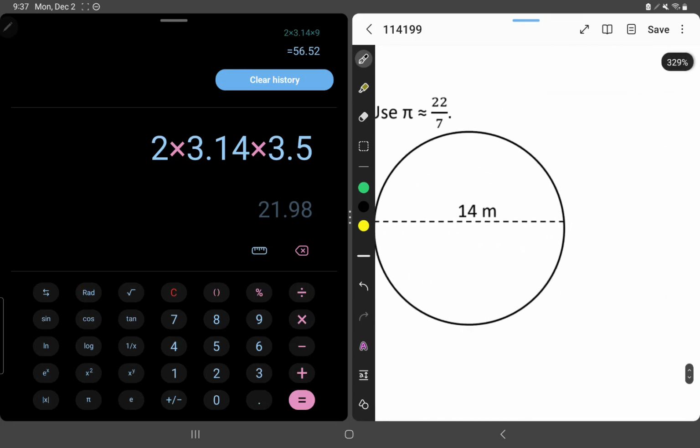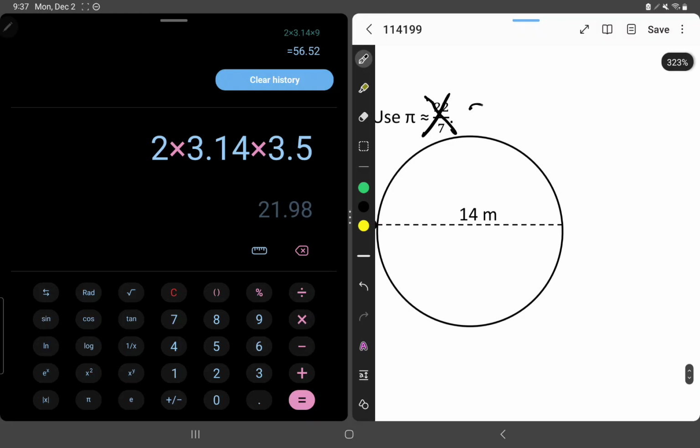And the last thing that we have right here, and we're not going to use that pi equals 22/7, we'll use pi equals 3.14. Is this 14 meters a diameter or a radius? It is a diameter. So what formula does that mean we're using?